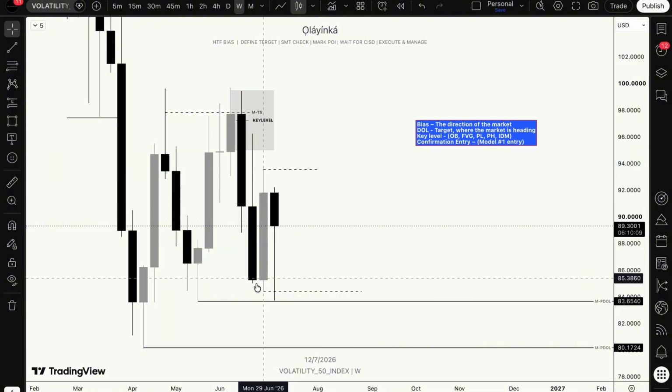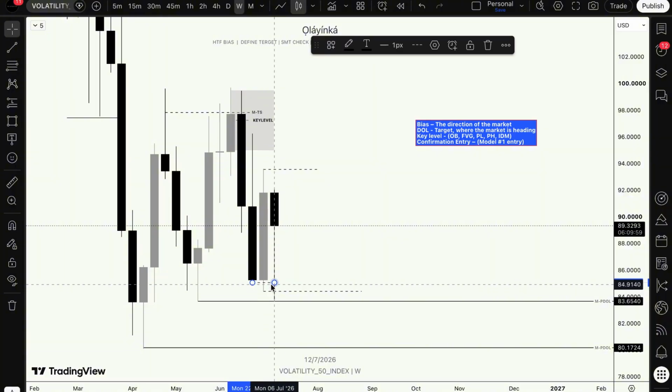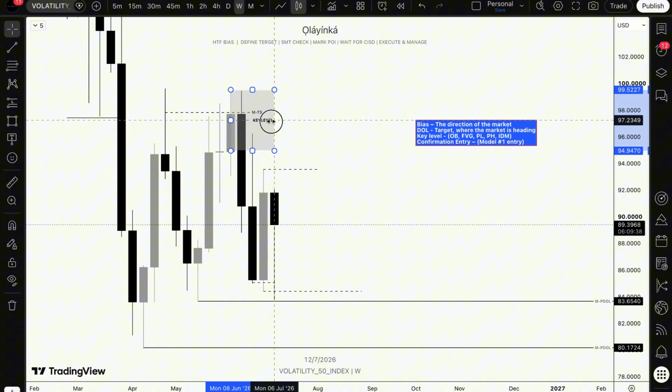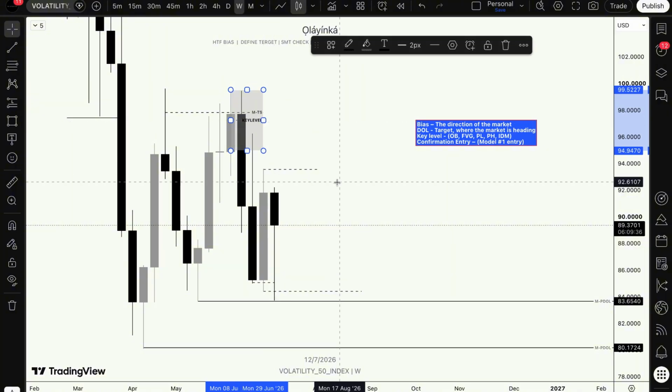With this particular sweep, normally I would have said that, you understand, we're expecting price to still go higher and take out this particular liquidity, but you know we have this key level here that is pushing price down. So I won't expect price to go back to that place till maybe a draw on liquidity is met.